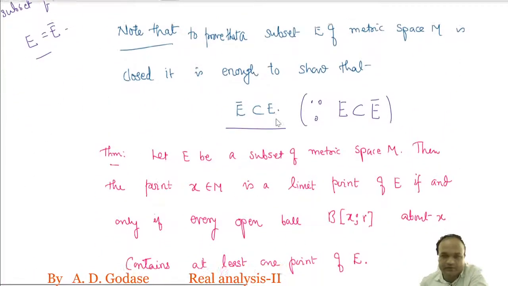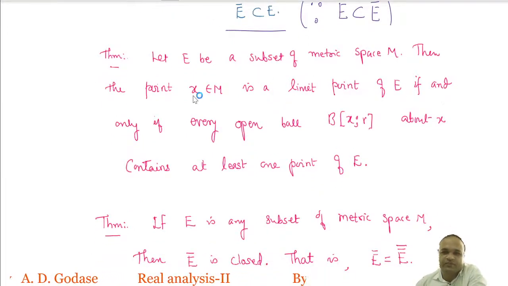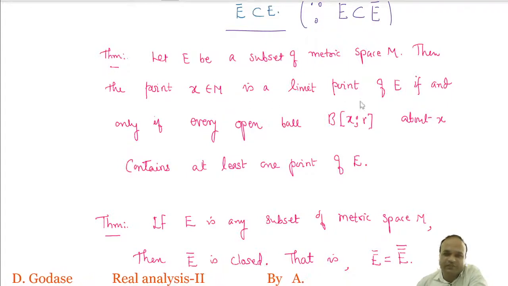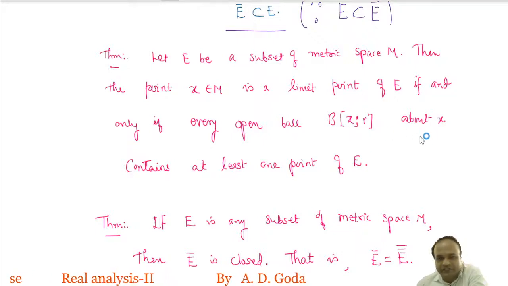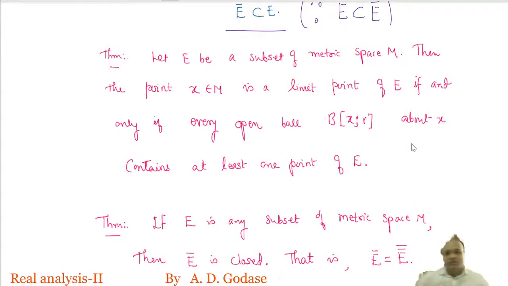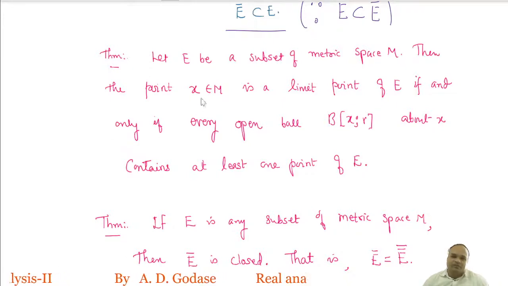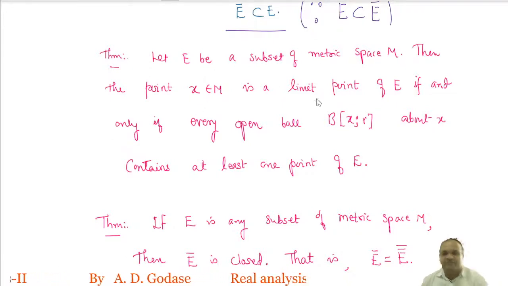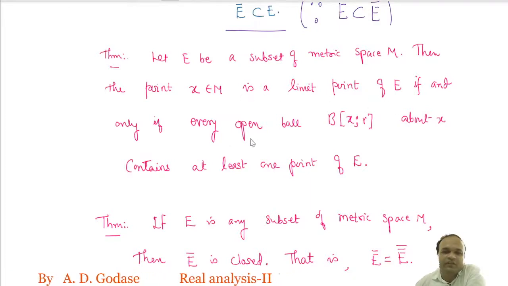Let capital E be a subset of metric space M. Then a point x belonging to M is a limit point of E if and only if every open ball about x with radius r contains at least one point of E.